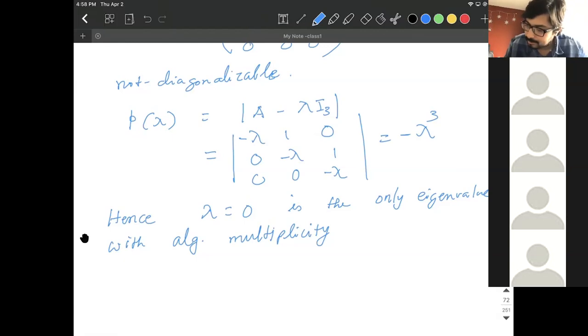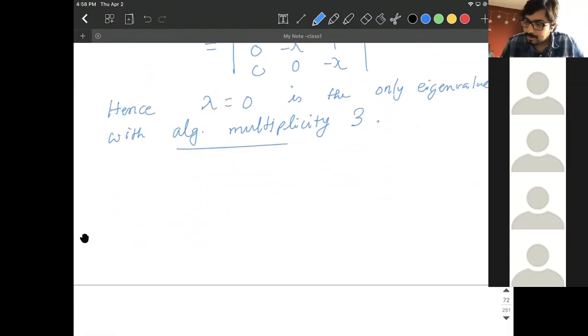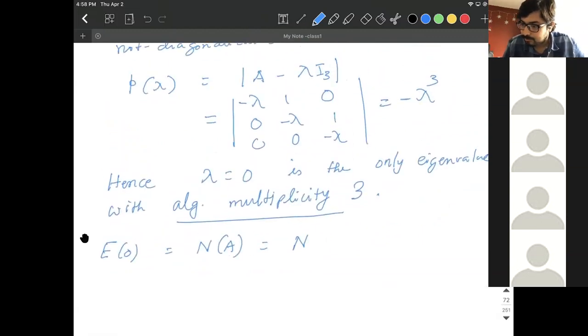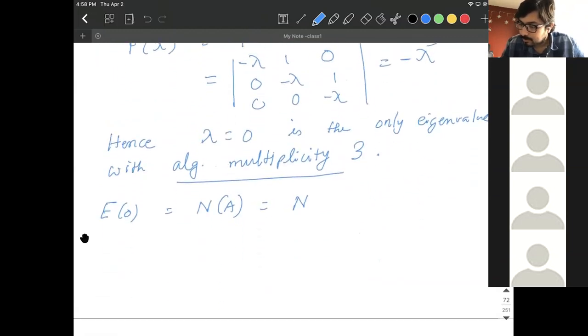Yes, okay, 3. Now let's figure out E of 0. So E of 0 is simply the null space of A. So this is the null space of this matrix.